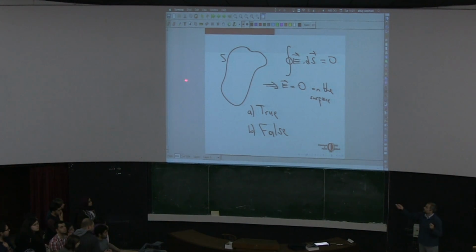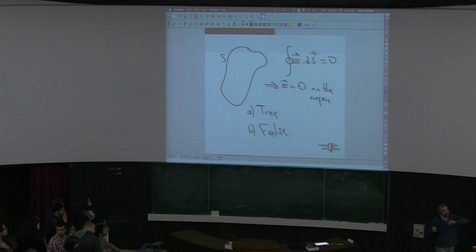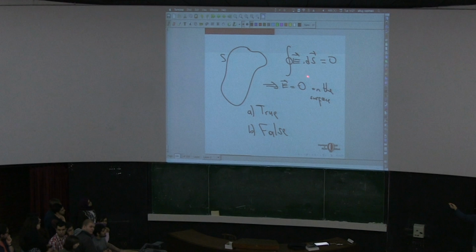At one point the electric field lines will leave the surface, at some other point they will come back into the surface, so at those two points we will have non-zero electric fields. Again, I repeat, this condition can be satisfied because E is 0, because there are no charges. But the claim is, if this is satisfied, then this is always true.